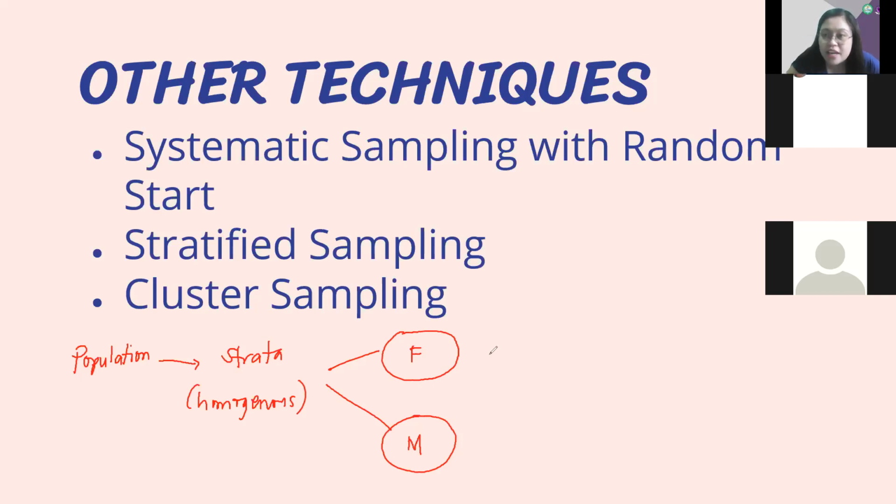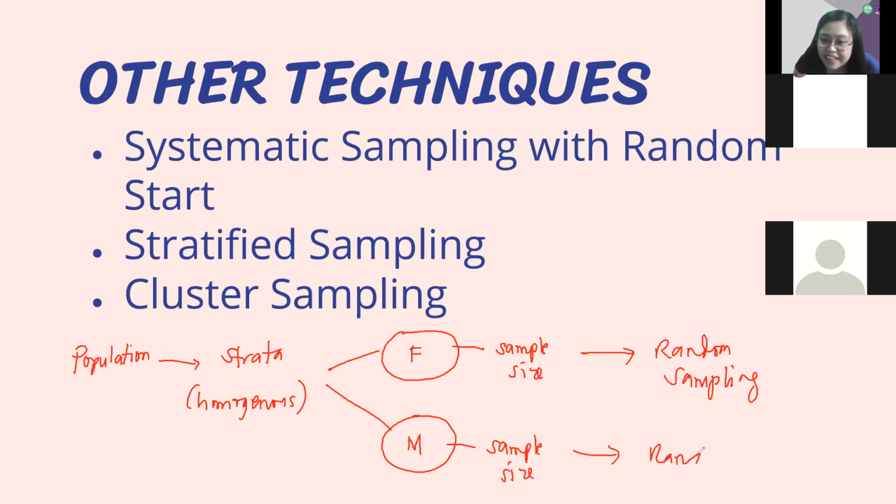And from here, we will compute for the sample size. Kailangan din natin ma-identify ilan lahat yung female, ilan lahat ang male to compute for the sample size of each group. And then after computing the sample size, we go back to the random sampling. So magbabalik pa rin tayo nito sa simple random sampling class.